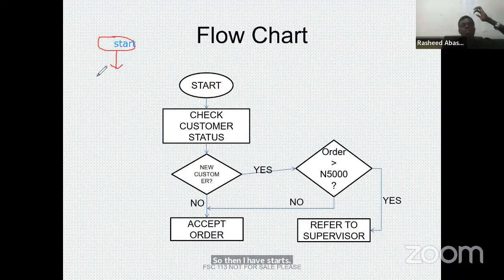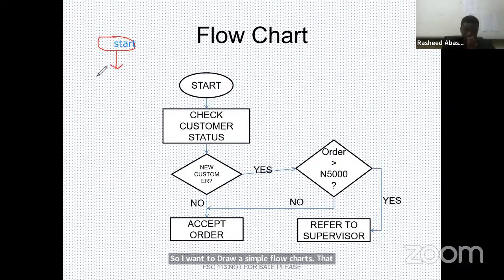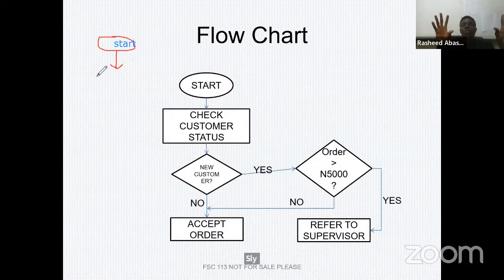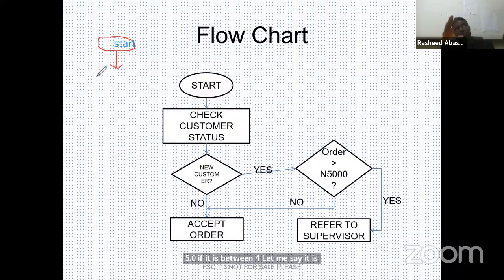I want to draw a simple flow chart that will tell you to enter your matric number. Let me say I want to look at good standing and bad standing.